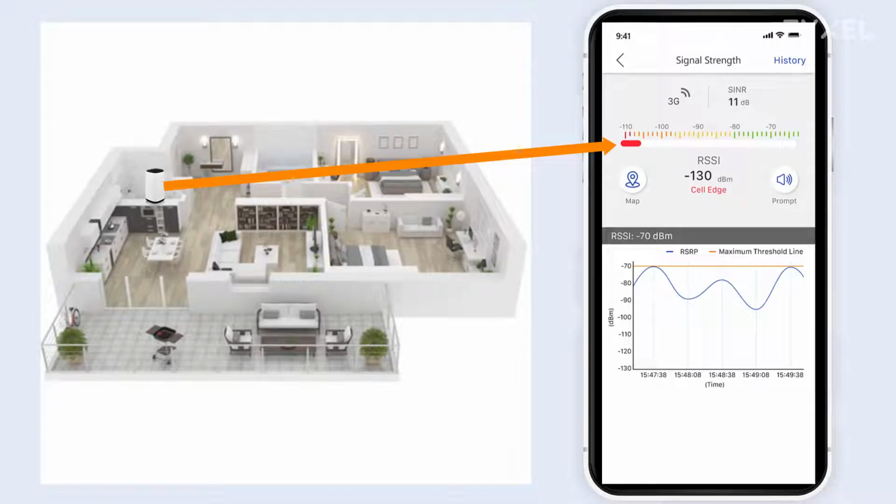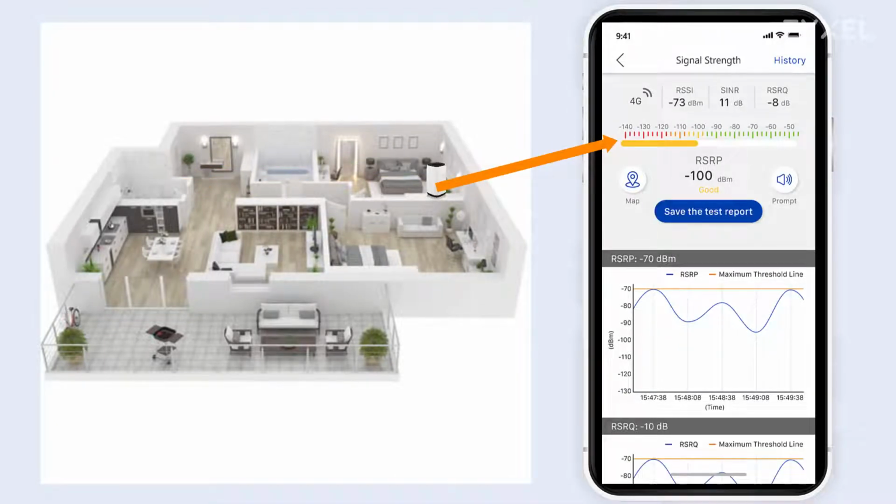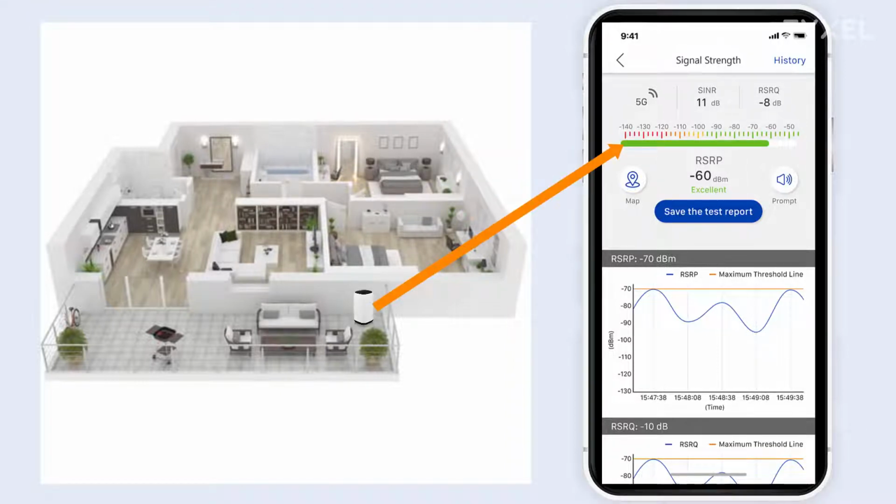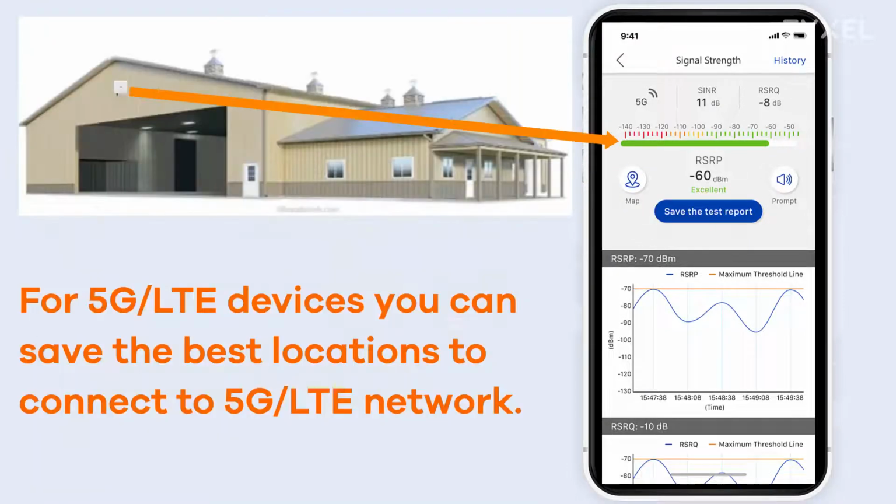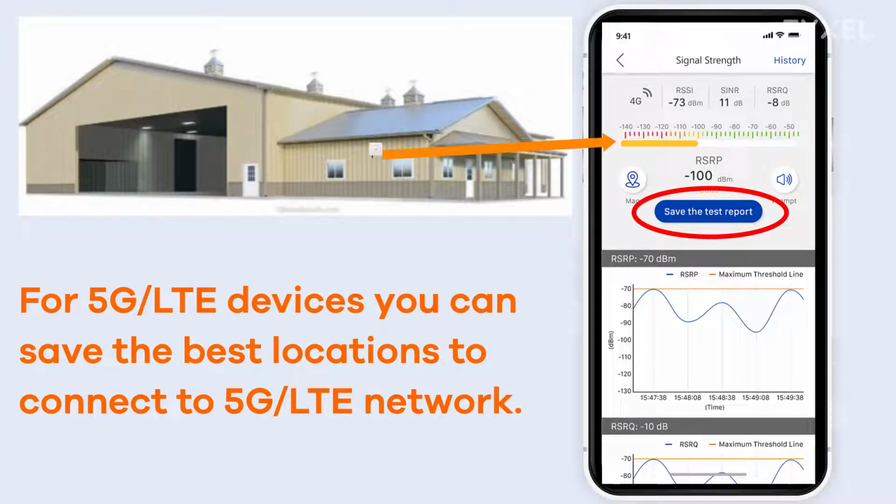When you find the best direction, you can save this location in the application. Tap on Save the Test Report and now you can mount the device on this position.